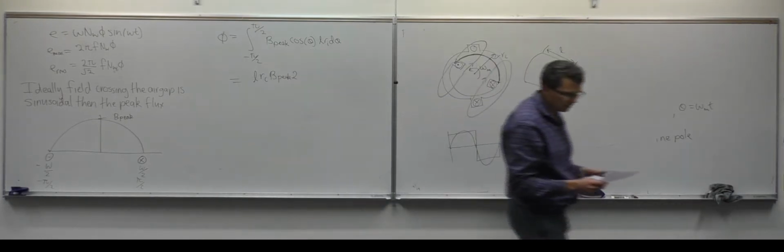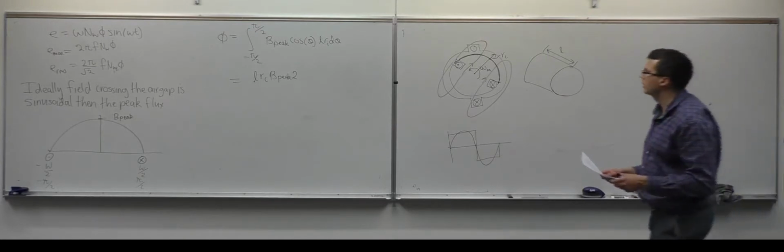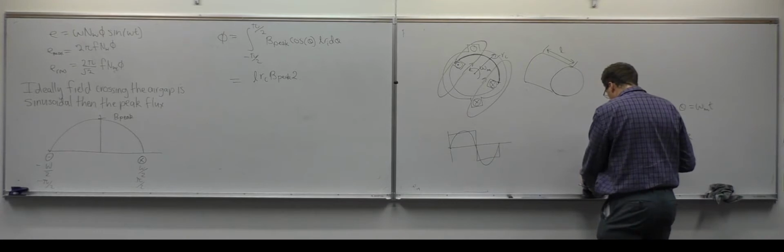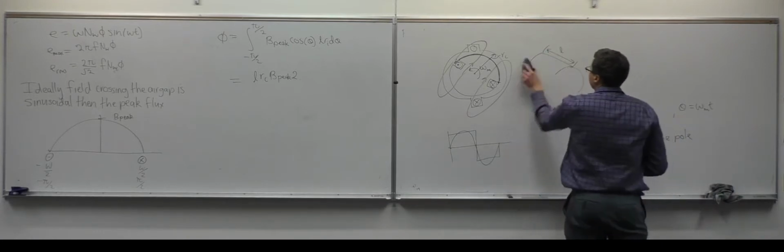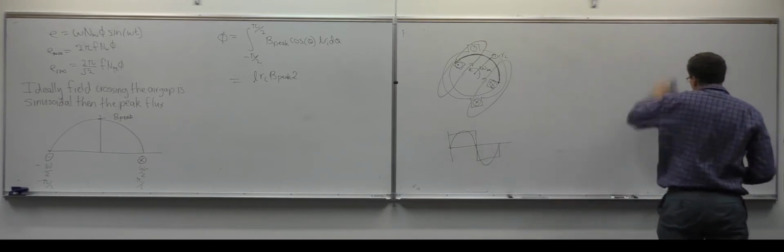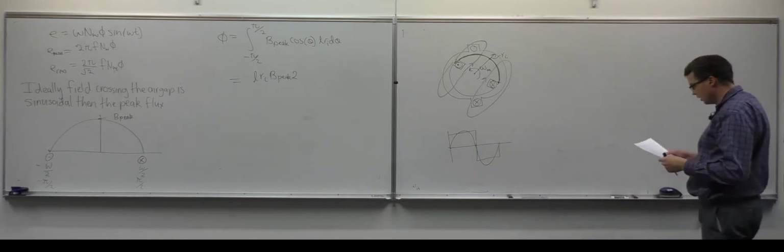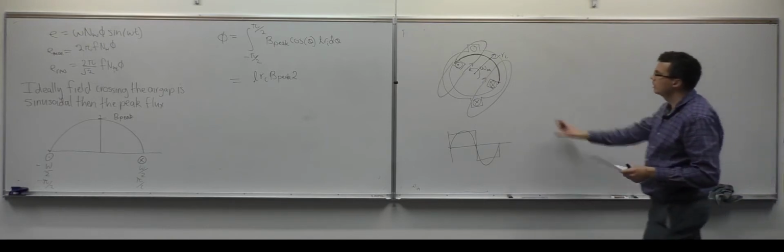But what happens if we still think about the ideal situation, but the pole pitch and the coil pitch are not aligned?